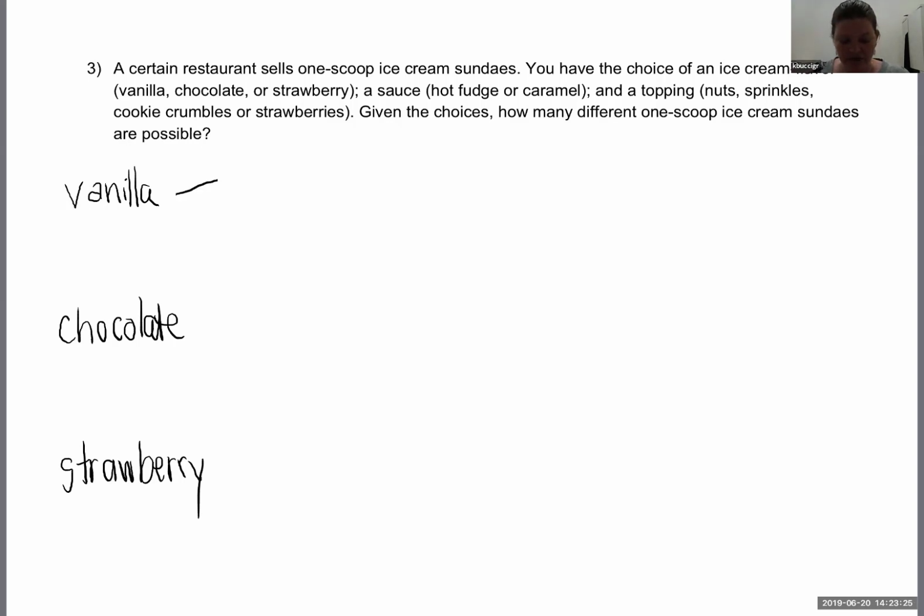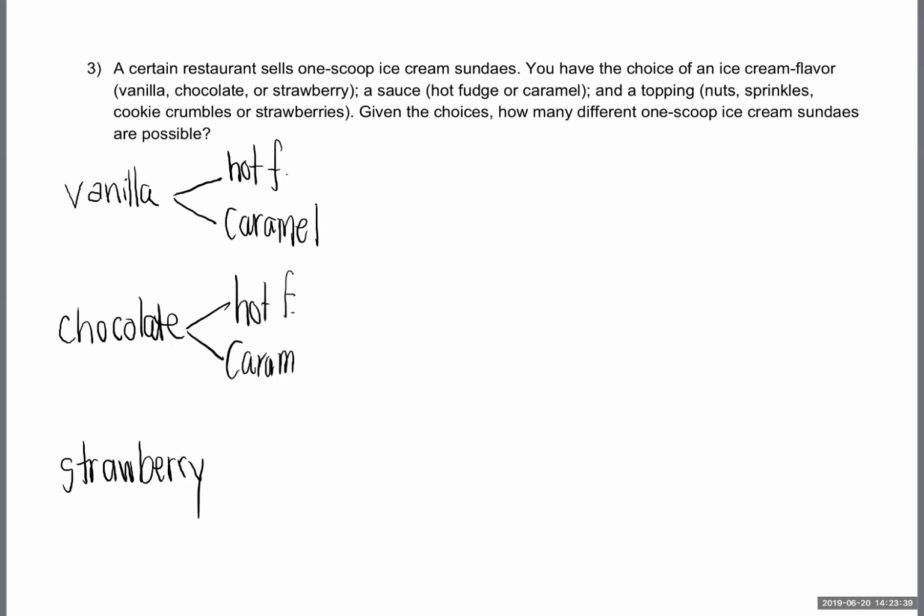If I had vanilla, I could get hot fudge or I could get caramel. But guess what? Even if I chose strawberry, I could still choose hot fudge or caramel.